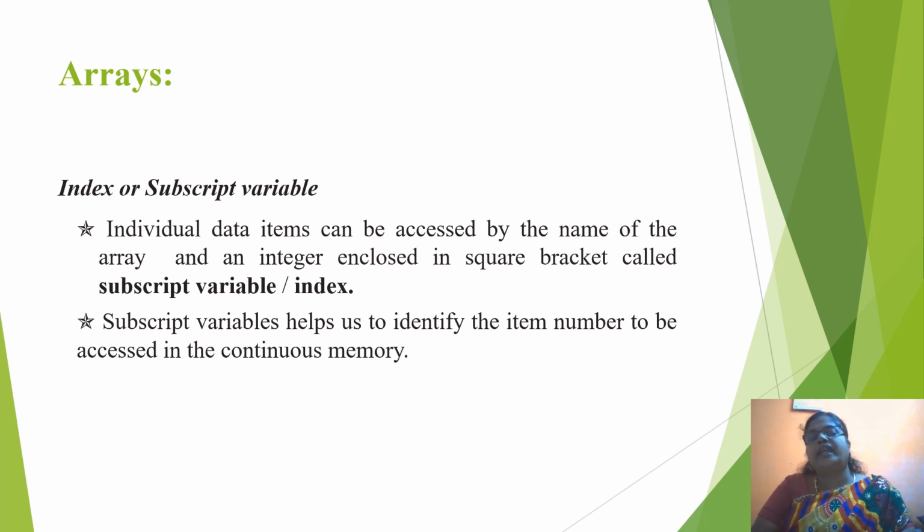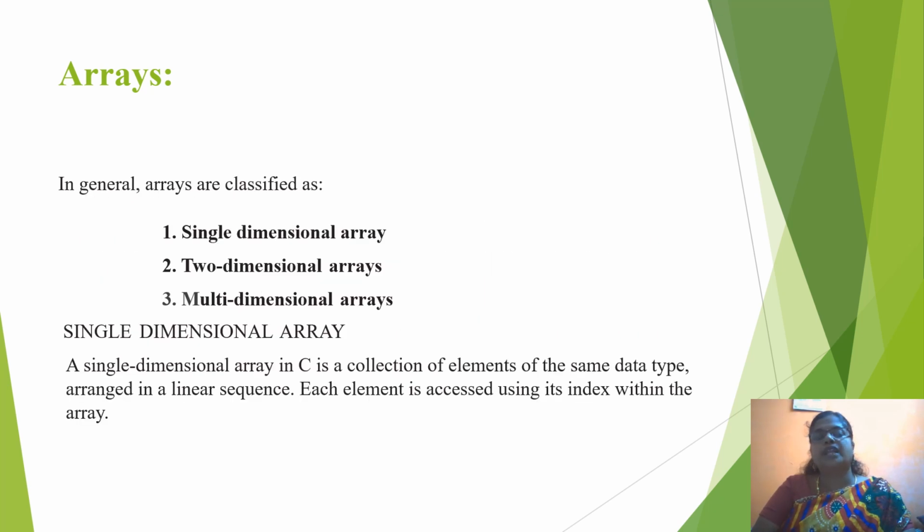Individual data items can be accessed by the name of the array and an integer enclosed in square brackets, which is called the subscript variable or index. Subscript variables help us identify the item number to be accessed in the continuous memory. In general, arrays are classified as single dimensional arrays, two-dimensional arrays, and multi-dimensional arrays.